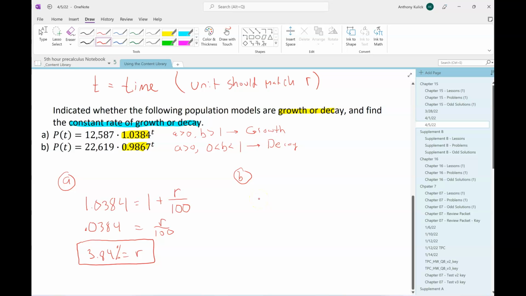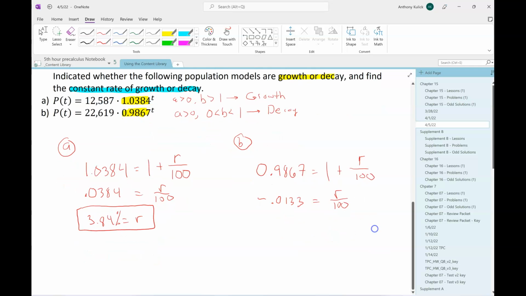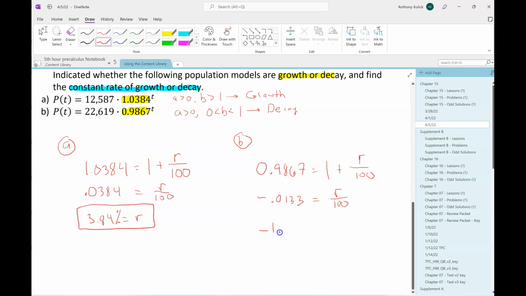So if I do the same thing here for part B, subtract 1 from both sides, and then multiply both sides by 100. And the r there is negative 1.33%.